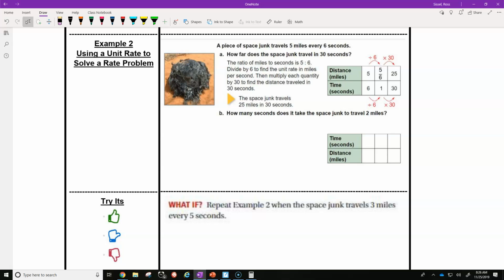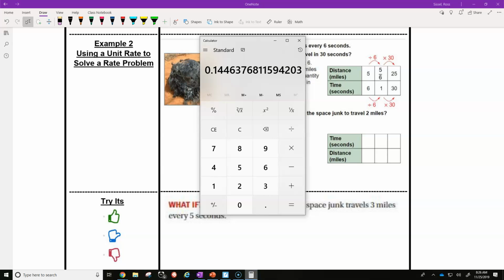So, Char has that one. Find the unit price. I have 20 ounces at $3.79. 3.79 cost per ounce, 20 ounces. Mine is going to cost about 19 cents. What is yours?